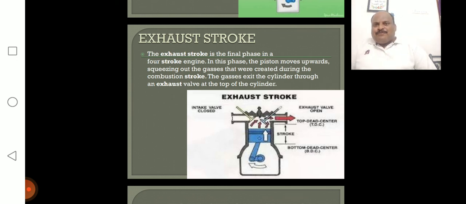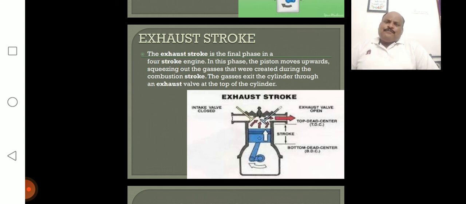When the piston is moving upward from BDC to TDC, the exhaust valve is open and the intake is closed. In the exhaust stroke, the gases exit the cylinder through an exhaust valve at the top of the cylinder.